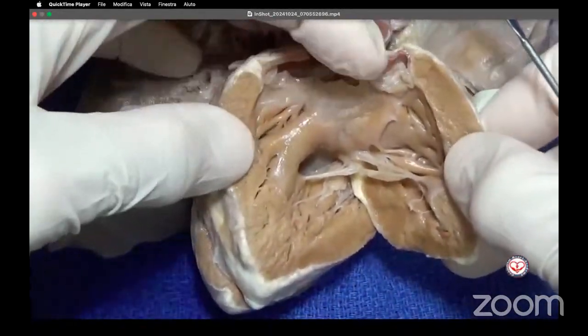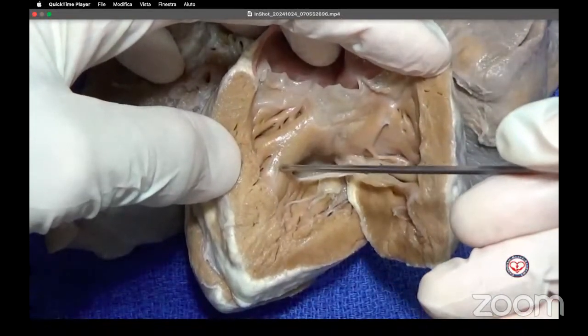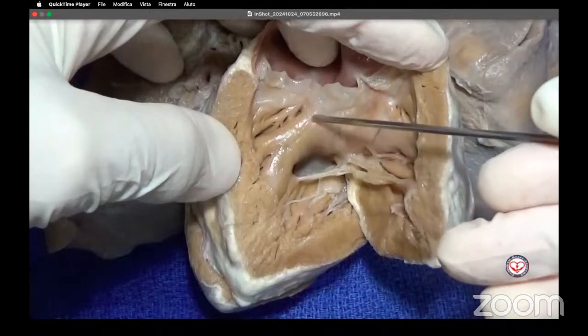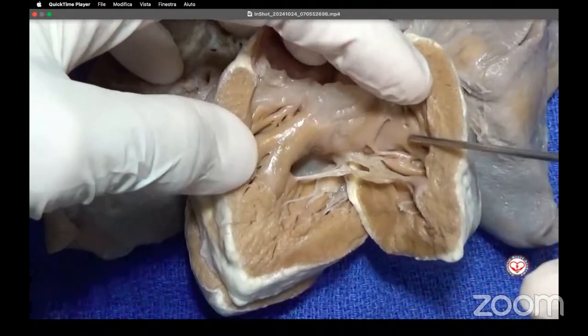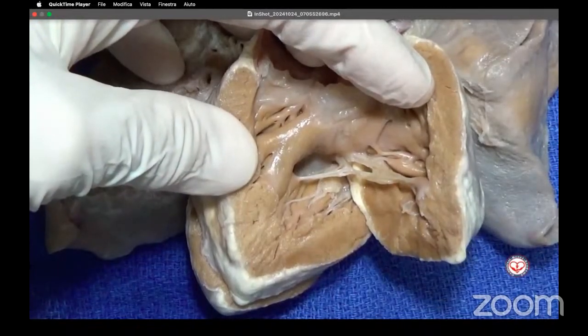You can appreciate the coarse apical trabeculations. The septomarginal trabeculation is here, with the cephalic arm rising up to be incorporated into the subaortic infundibulum.